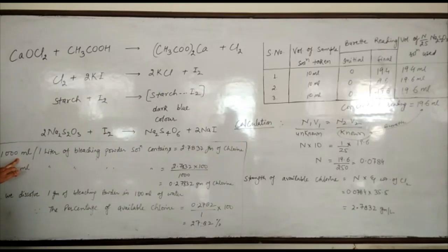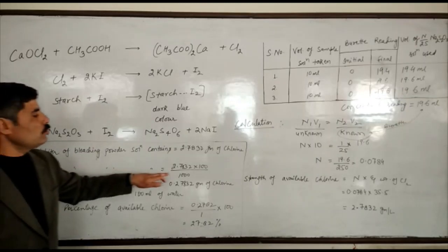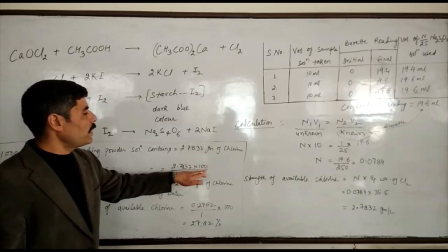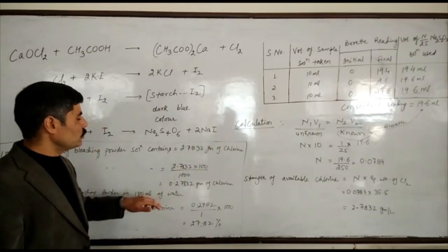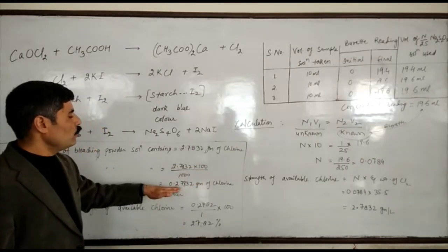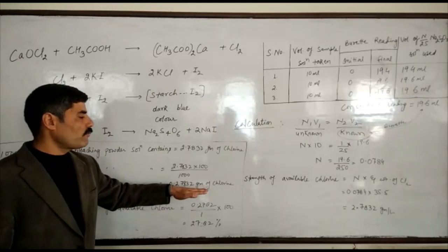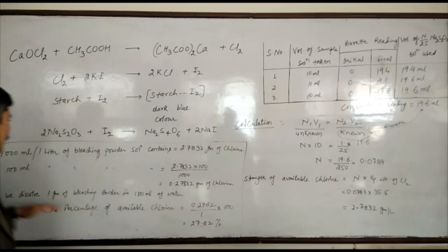But we have to convert this into 100 ml. 100 ml of bleaching powder solution contains 2.7832 multiplied by 100 and divided by 1000, and after calculating, 0.27832 gram of chlorine is available in 100 ml of bleaching powder solution.